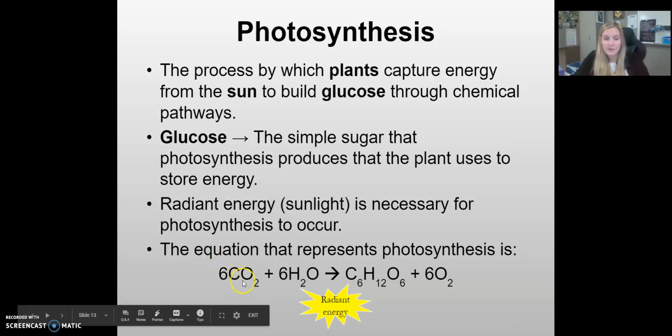Photosynthesis is where 6 carbon dioxide molecules and 6 water molecules in the chloroplasts of the plants, with the presence of radiant energy, will create 1 glucose molecule, which is C6H12O6, and 6 oxygen molecules. Once again, that radiant energy is required in order for these molecules to be converted into these molecules. Without that radiant energy, the photosynthesis will not occur. So sunlight needs to be present.